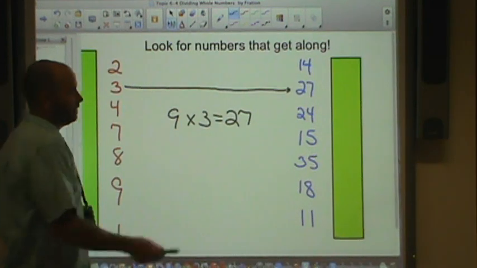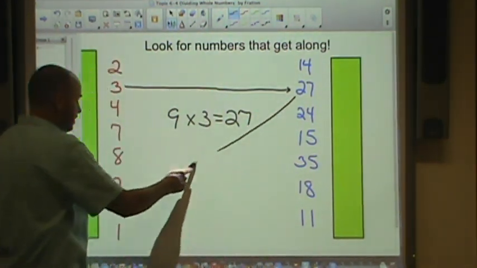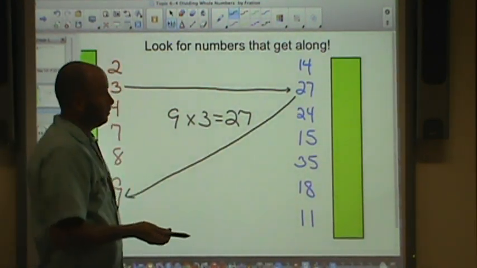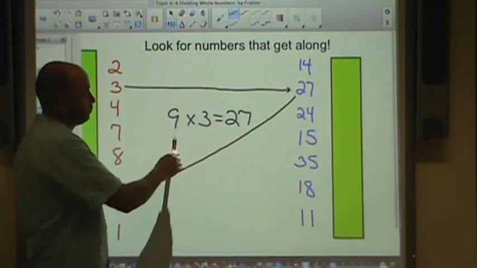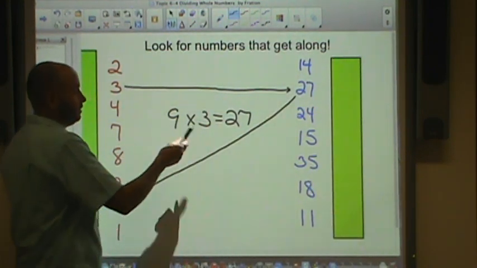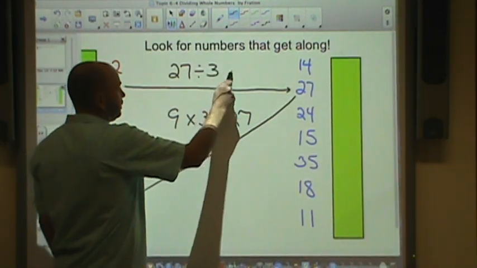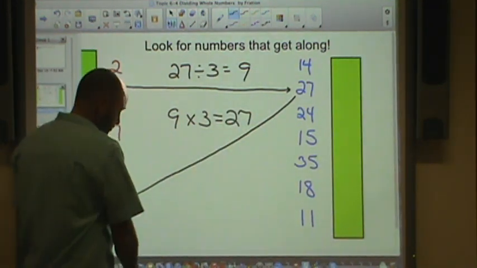Well, if that's the case, you have 9 in our list, so we know that 27 and 9 are get-along numbers, or compatible with each other, because they are an even matchup through multiplication. How about thinking of it this way? 27 divided by 3 equals 9. So you can reverse things in and out.